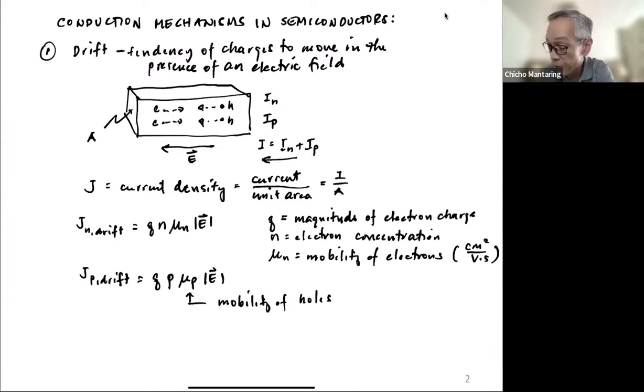And your J drift is J_N drift plus J_P drift.